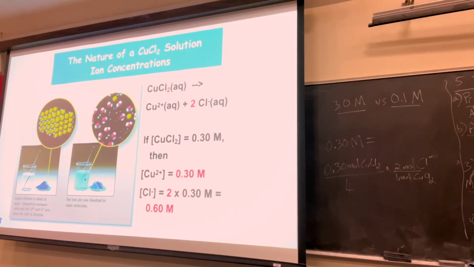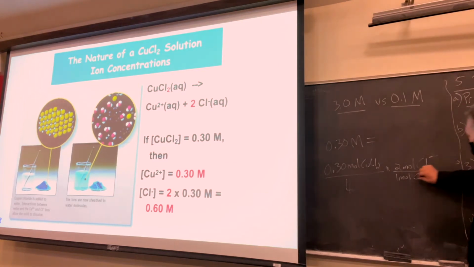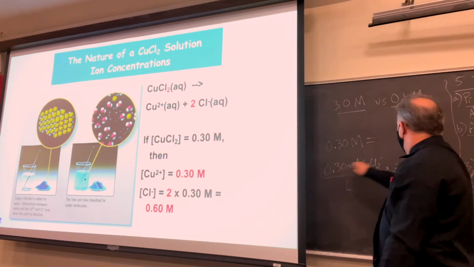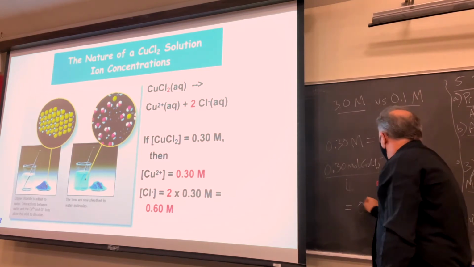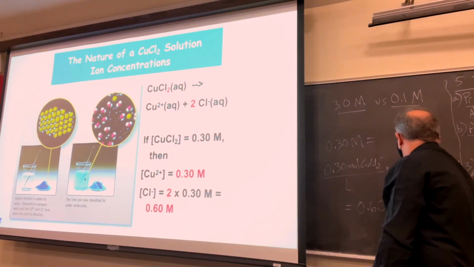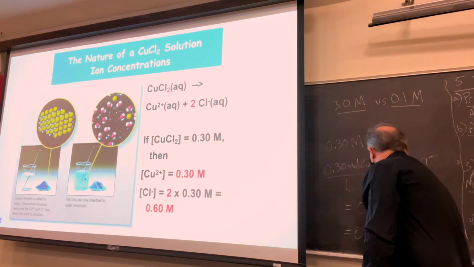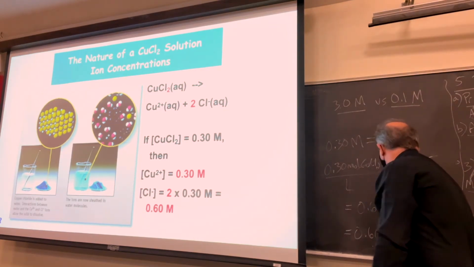So I'm really just using a stoichiometric equation, like we did last Monday, that says that 1 mole of this creates 2 moles of chloride. So the moles of CuCl2 will cancel out, and 0.30 times 2 means 0.60 moles chloride per liter, which is 0.60 M chloride.